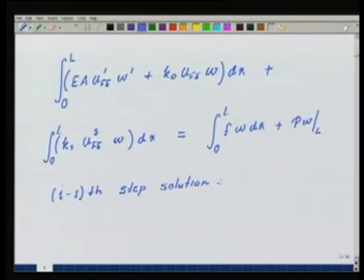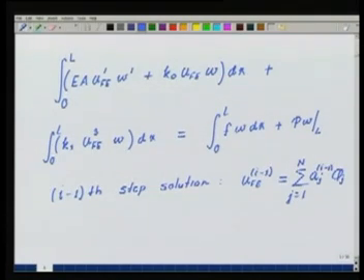So this will be given as U_FE at step i minus 1, which will be equal to the sum over j equal to 1 to the number of nodes of a_j at i minus 1 times phi_j, where phi_j is my basis function globally.